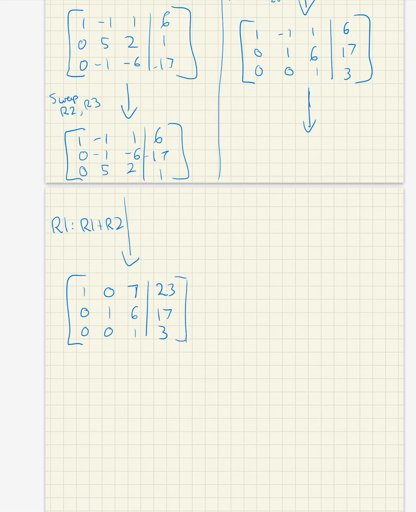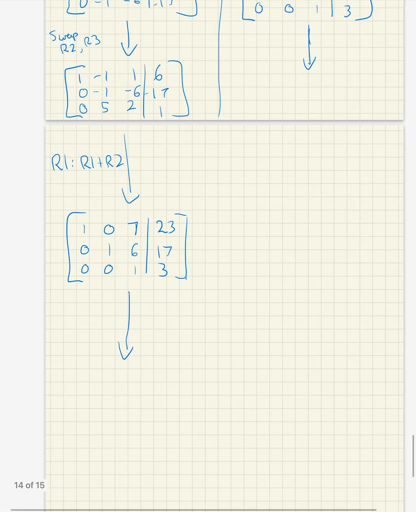Okay, we're getting close now. Next step is now I want to make that value on the top, the 7, I want to make that into 0. And the way I can do that is by taking away 7 lots of R3. So R1 is going to become R1 minus 7 lots of R3.